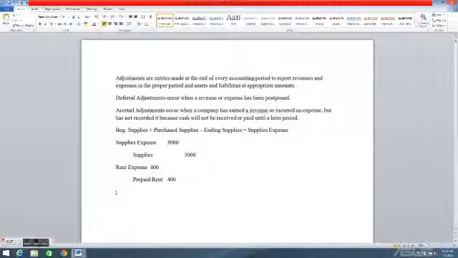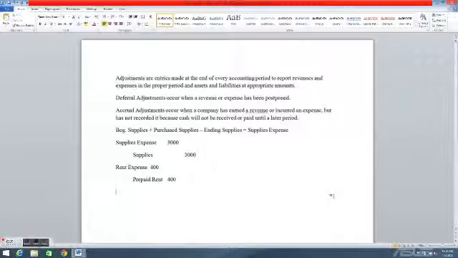So now the next journal entry I'd like to show is depreciation. Depreciation also occurs every period like rent, and it must be expensed for as well, when it's incurred in the period.